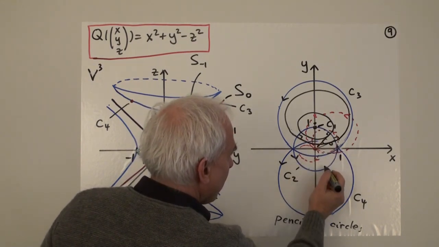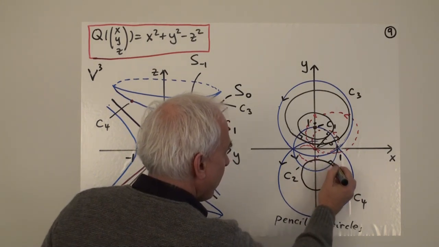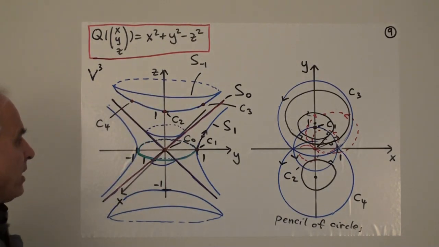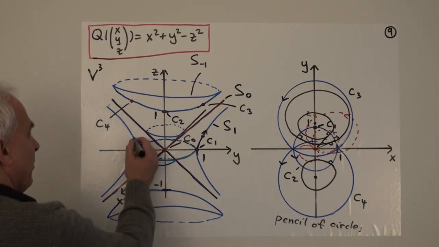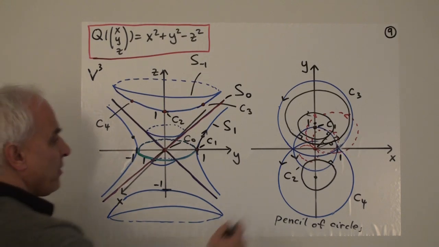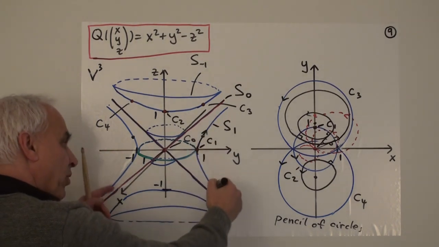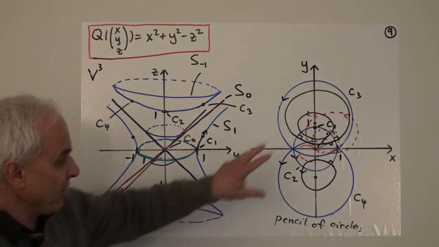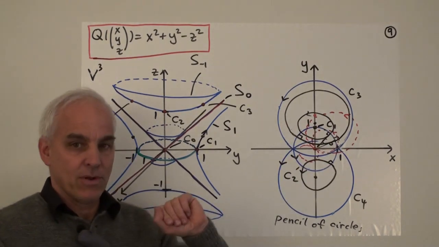Here's our circle. And so the center here would be somewhere over here. And that would correspond to something over here, depending on the radius. All right, so basically what happens is this hyperboloid of 1 sheet corresponds to all the circles in the plane which are perpendicular to this given unit circle.